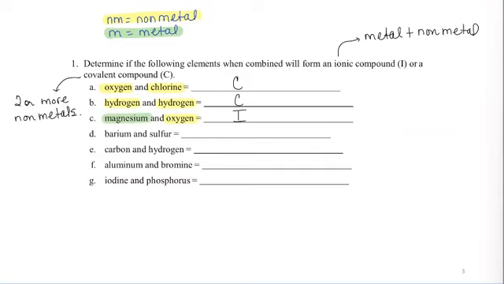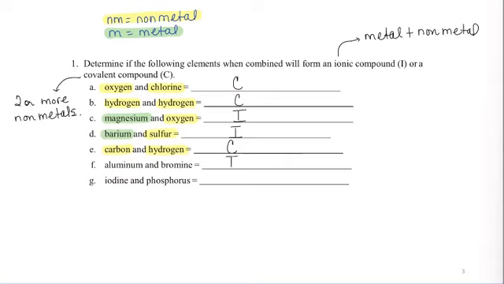Great job. That's going to be ionic because barium is a metal. Sulfur is a non-metal. Carbon and hydrogen. Great. That's going to be covalent. We're talking about two things that are non-metals. Aluminum and bromine.